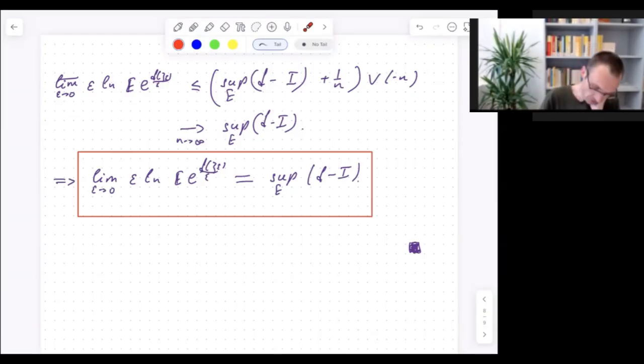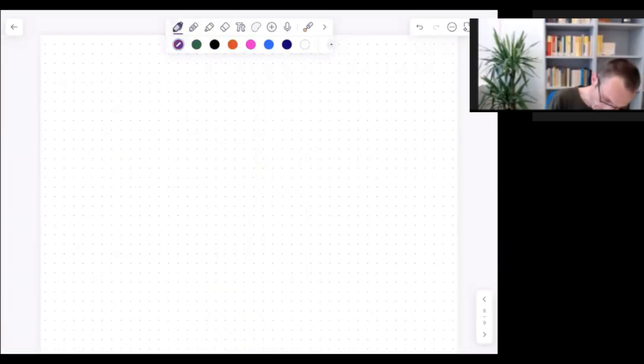So if you have that formula for continuous functions, then is it true that you will have the large deviation principle? And the answer is yes, and it is Bryc's theorem. It is the next theorem. In the lecture notes, it is theorem number 10.4. It is Bryc's theorem.